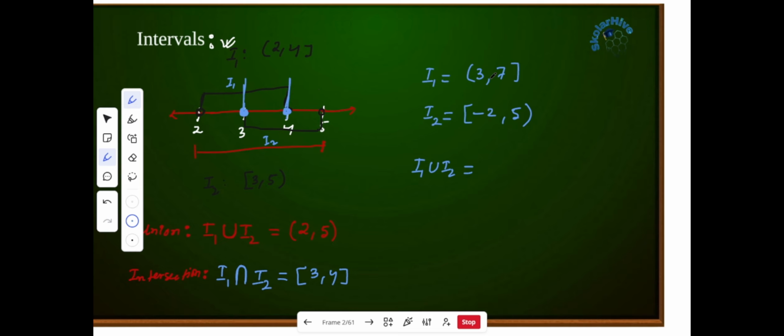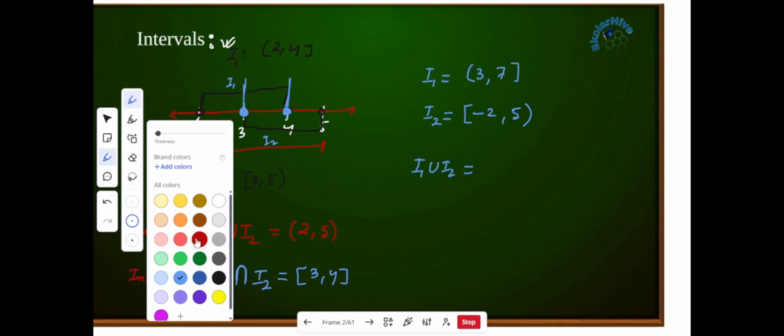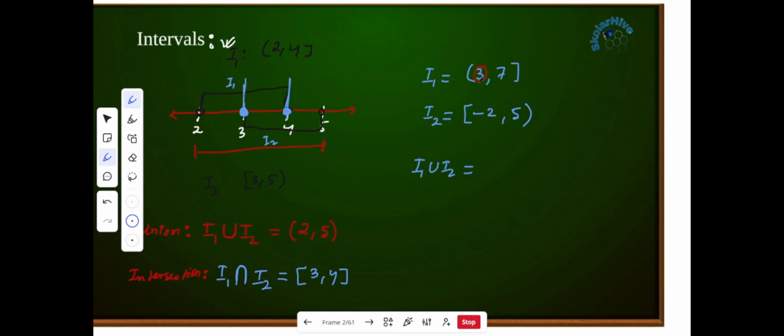Of the left endpoints of both intervals, we look at which one is smaller. Here we have 3 and -2, so -2 is on the left of 3. Any value greater than -2 will contain 3.